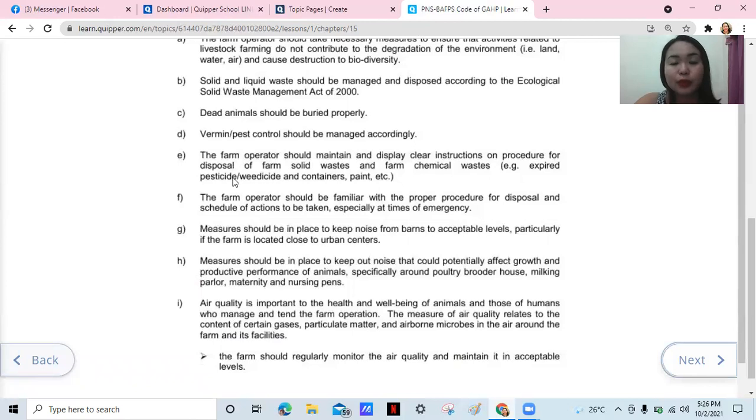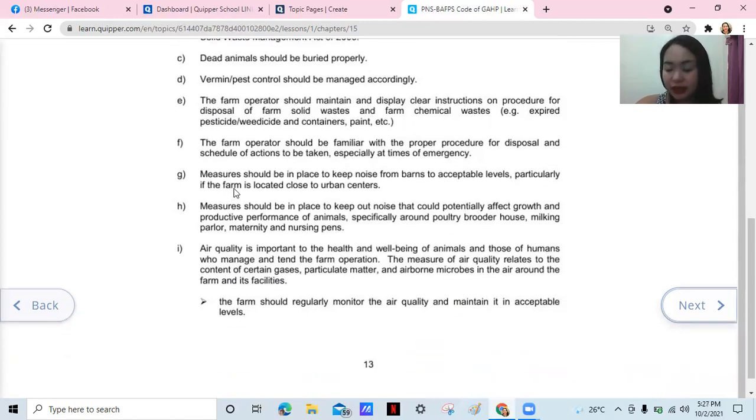So that would create problem or toxicity even to other animals and to the caretakers. So the farm operator should maintain and display clear instructions and procedure for disposal of farm solid waste and farm chemical waste, especially expired pesticide, weedicide, and containers like paint, no? And the farm operator should be familiar with the proper procedure for disposal and schedule of actions to be taken, especially at times of emergency.